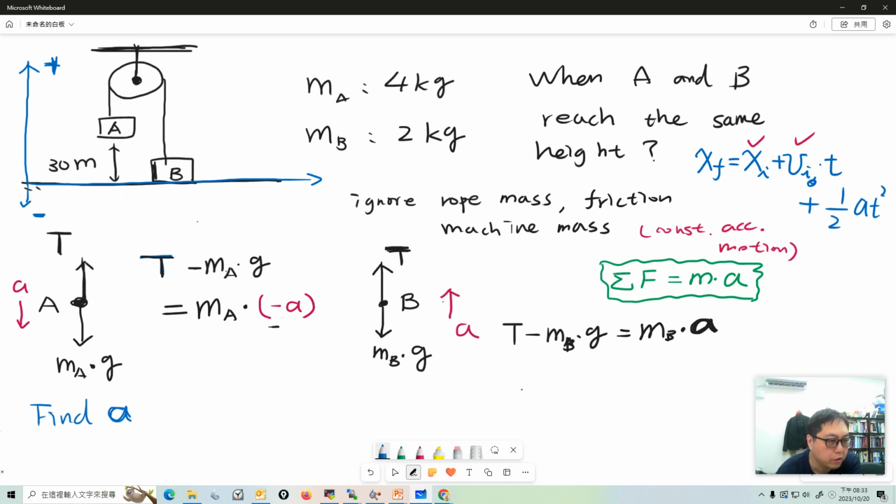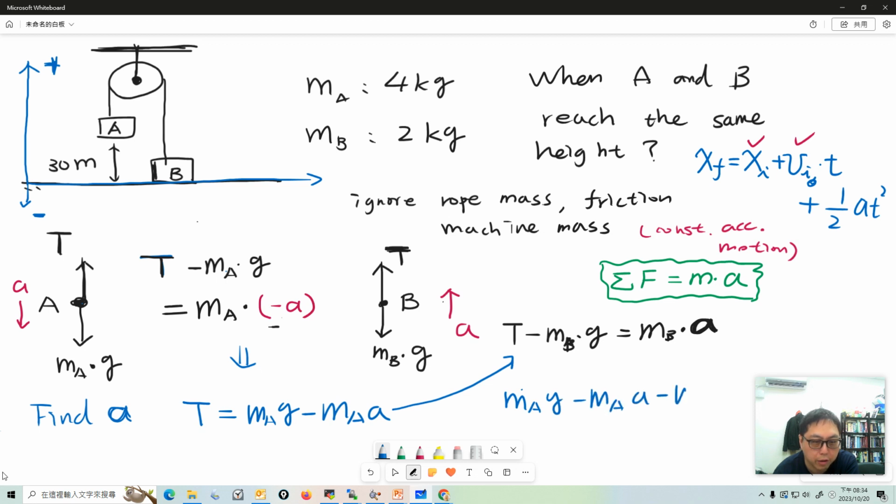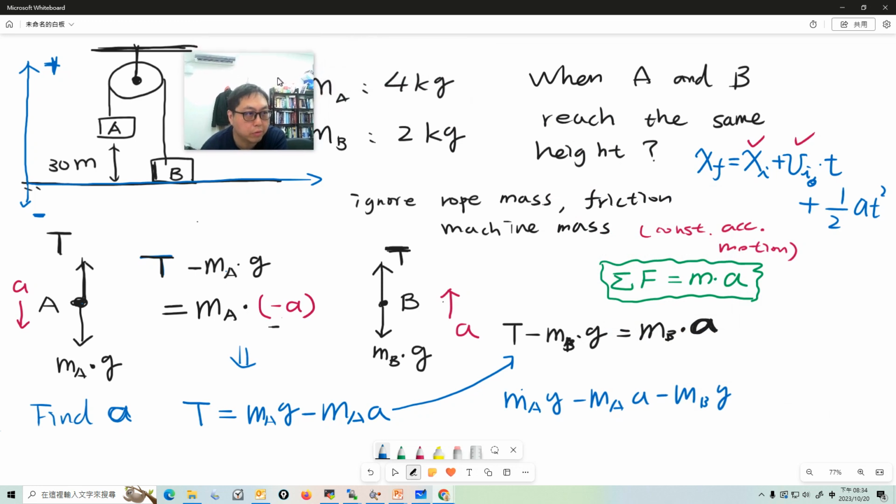Okay, so here, what do we get? We can have the tension equal to MAG minus MAA. Then we substitute tension into this one. So what do we get? MAG minus MAA minus MBG equal to MBA. And then we do some algebra work.